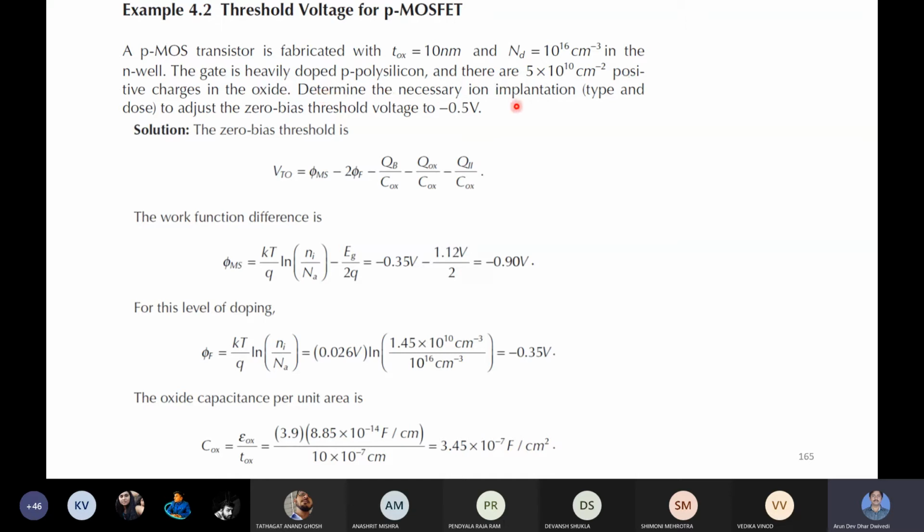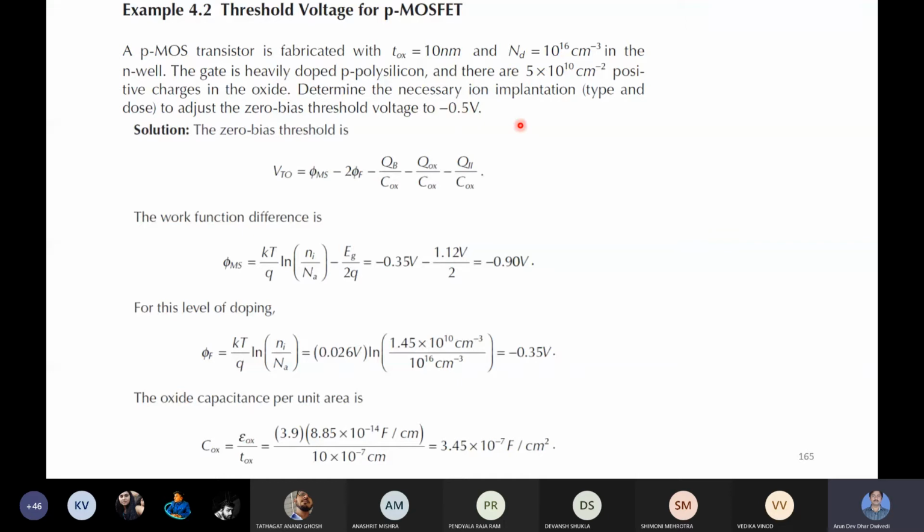Determine the necessary ion implantation type and dose to adjust the zero bias threshold to minus 0.5. It is telling something different: instead of whatever comes naturally, the threshold voltage should be adjusted to minus 0.5 volt. Whatever it comes to by these specifications is another issue, but it wants the threshold voltage of this MOSFET adjusted to 0.5 volt negative.